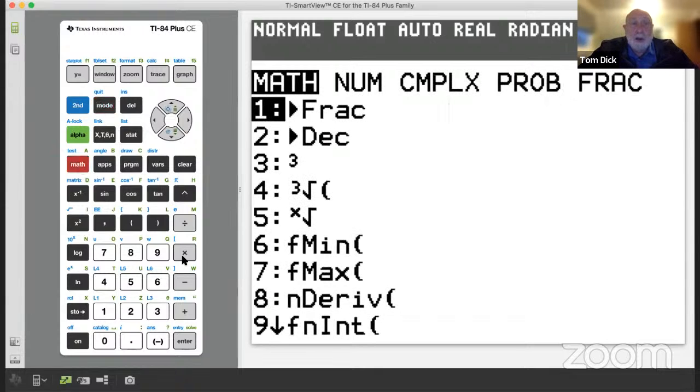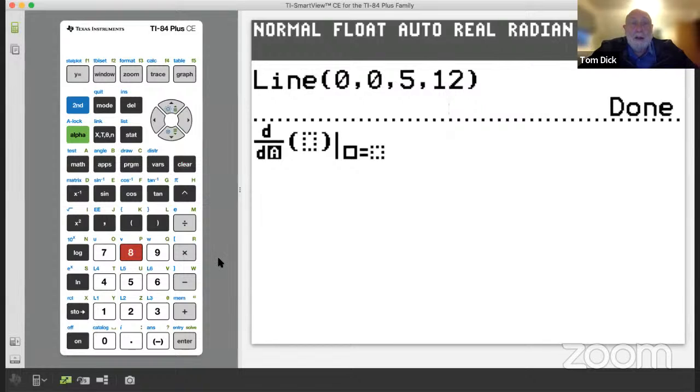So let me go ahead and get the derivative pulled up here. And let's see, our graph is in terms of x. We know that the hypotenuse is going to be the square root of x squared plus y squared. So let me take the derivative with respect to x of that hypotenuse distance.